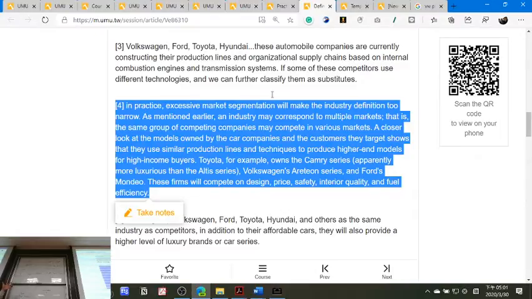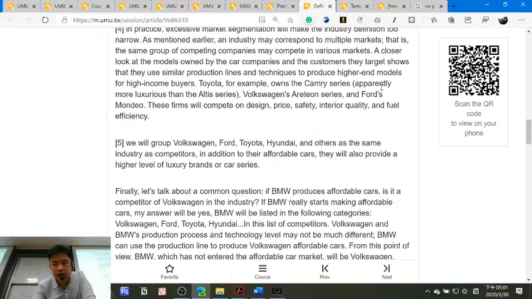So far, any questions? Or did that make you confused? A little bit, right? Okay. I just want you to know that the definition of the industry sometimes will become bigger after you analyze this group of competitors. Okay? Yeah. So if you don't have any questions, I think I can end this part.